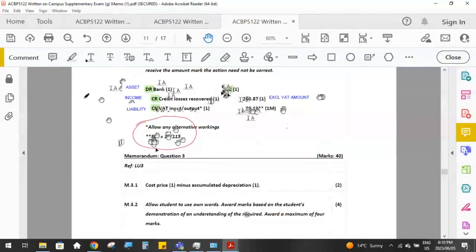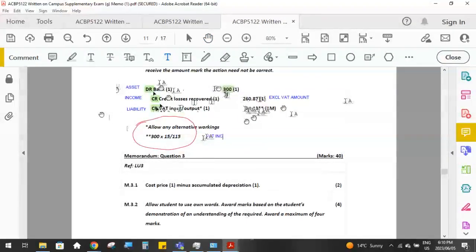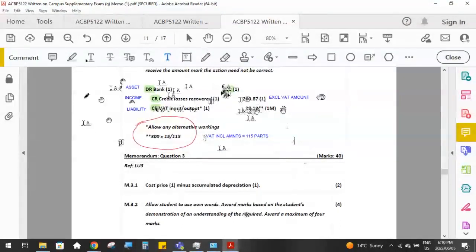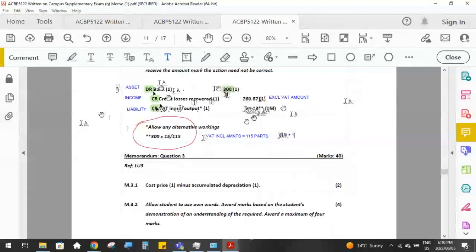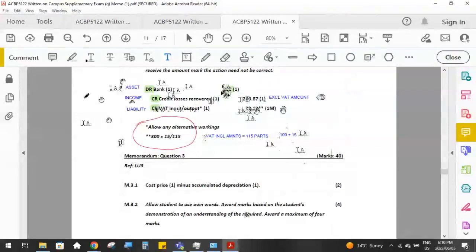So remember, any VAT inclusive amount equals 115 parts, because they are made up of the 100 parts of the excluding VAT plus the 15 parts of the VAT.